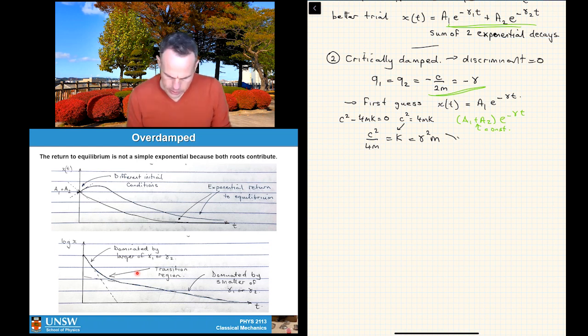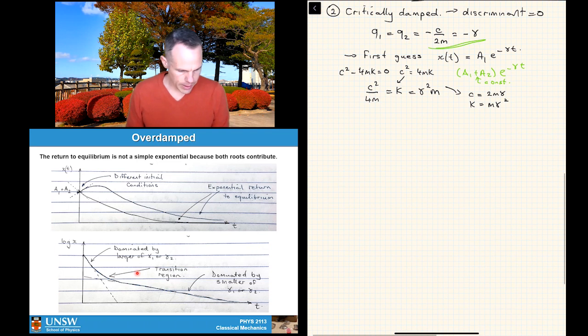The two ways to see this is that c is equal to 2m gamma and k is equal to m gamma squared, okay? The second one you can see quite obviously, and the first one is just a very small rearrangement of the situation we've got there, okay?